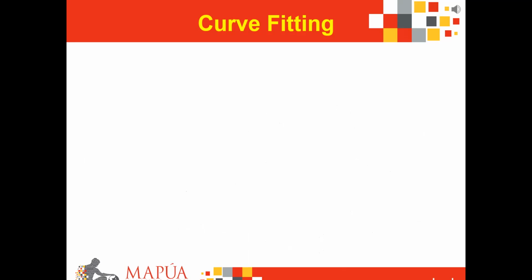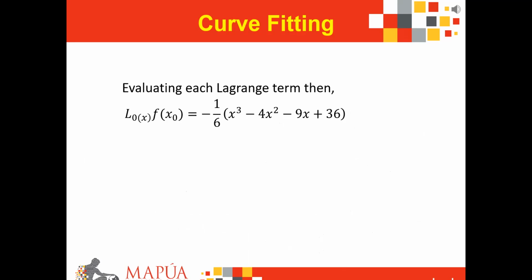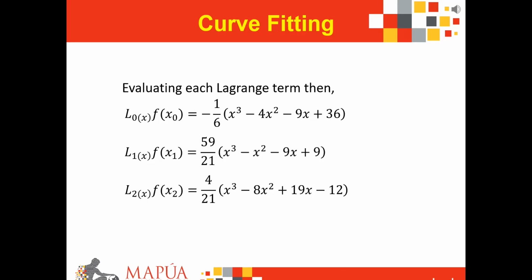When simplifying each Lagrange term, then we would end up with an L0 of x fx0 to be equivalent to -1/6 multiplied to x cubed minus 4x squared minus 9x plus 36. Your simplified L1 of x multiplied to fx1 would simply indicate 59/21 multiplied by x cubed minus x squared minus 9x plus 9.